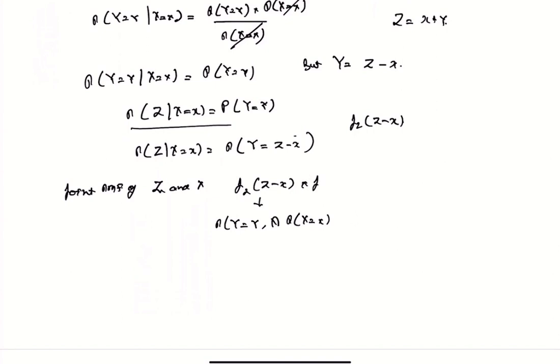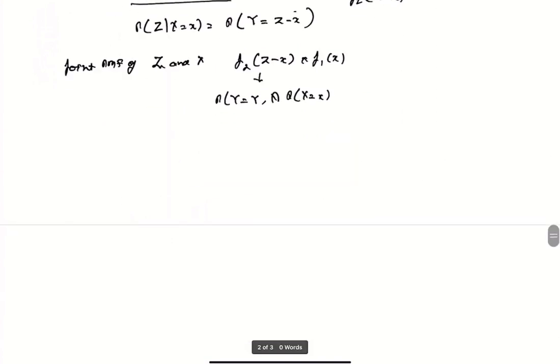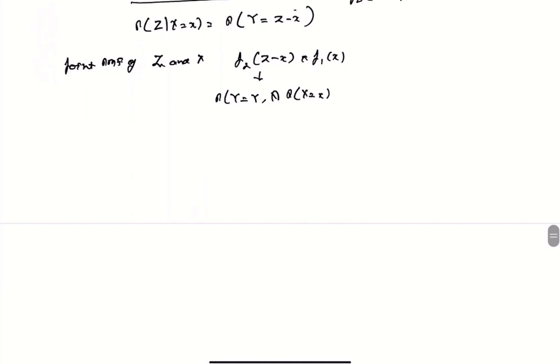Multiplied by f1 of x, and the probability mass function of Z will be the sum over all values of x of f2 of z minus x times f1 of x.